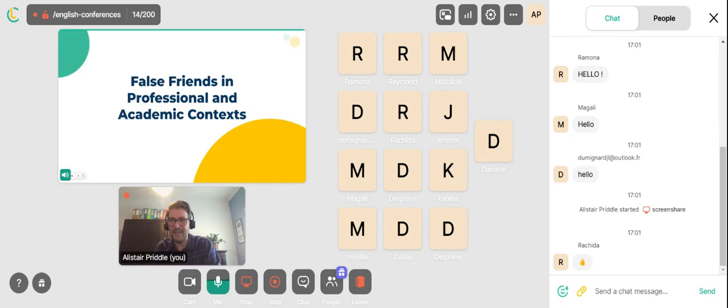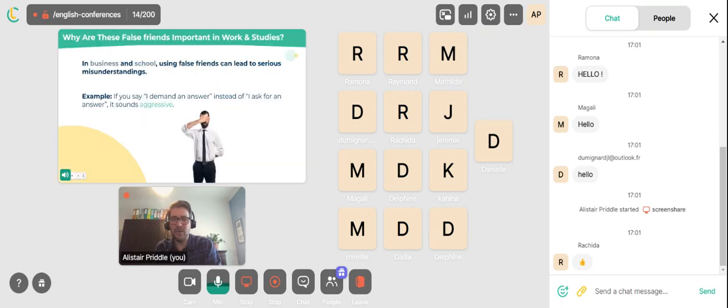It's getting interesting. So, false friends in professional and academic contexts. Why are these false friends important in work and studies? Well, in business and school, using false friends can lead to serious misunderstandings.